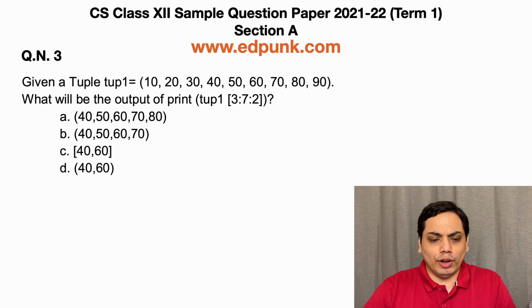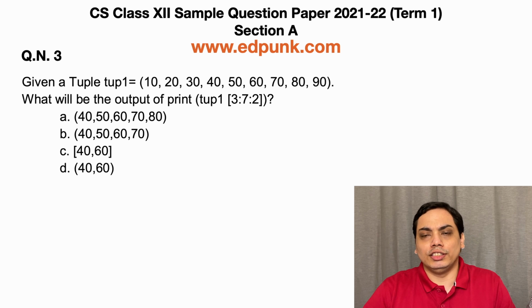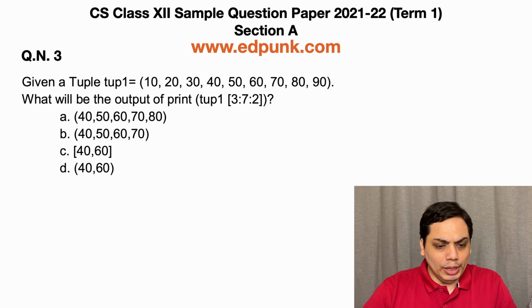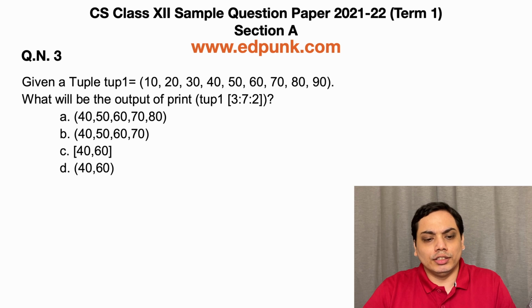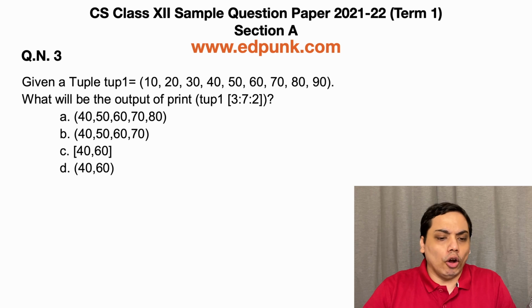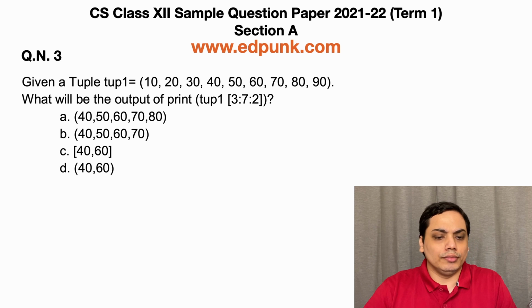The options we have are: option A, a tuple with items 40, 50, 60, 70, 80. Option B, a tuple with items 40, 50, 60 and 70. Option C, a list with items 40 and 60, and option D is a tuple with items 40 and 60.